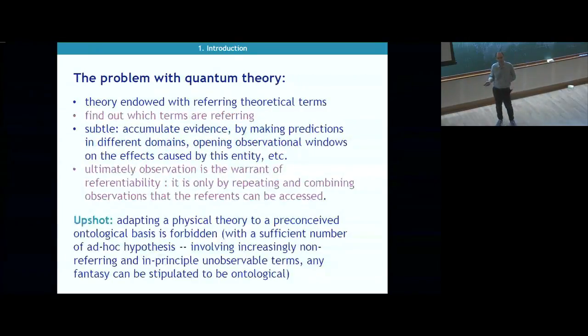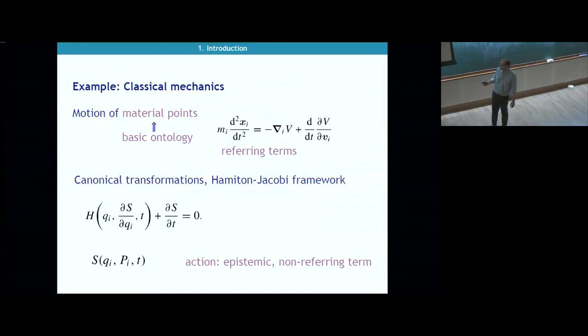The received view is that all these things are just computational tools, just operations. And I think weak measurements tend to make you think that the state vector is more than that. So I wouldn't go so far as saying that it's a referring term, that there's really something out there that is directly related to the state vector.